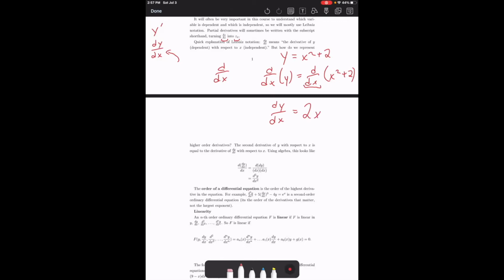But now we ask, how do we do higher order derivatives? And you'll see, using this algebra we have here, if instead of taking the derivative of y with respect to x, we are taking the derivative of dy dx with respect to x, in essence, figuring out what that y double prime is. What is the second order derivative?